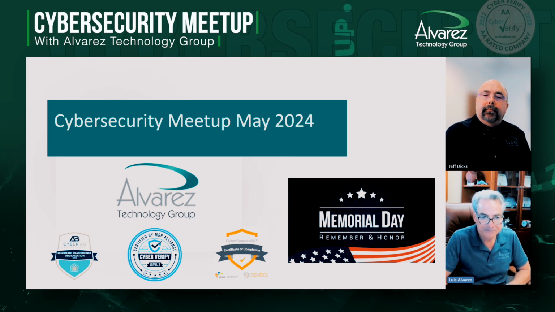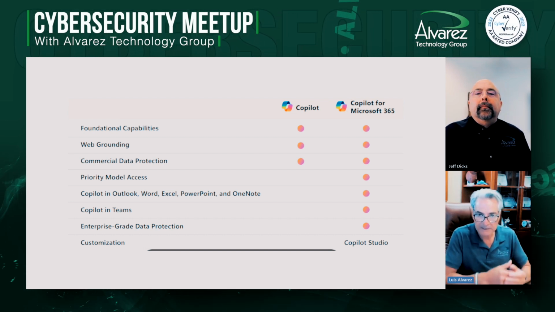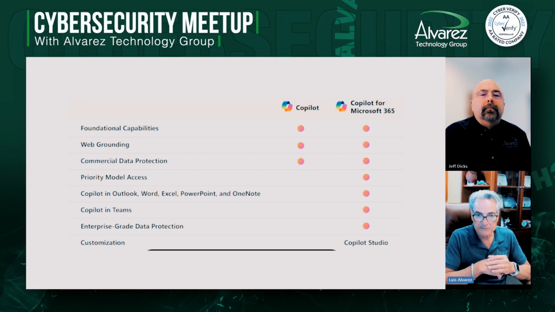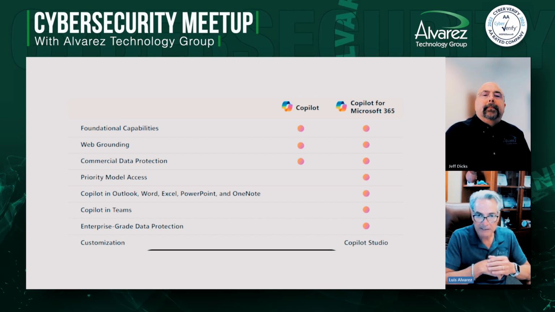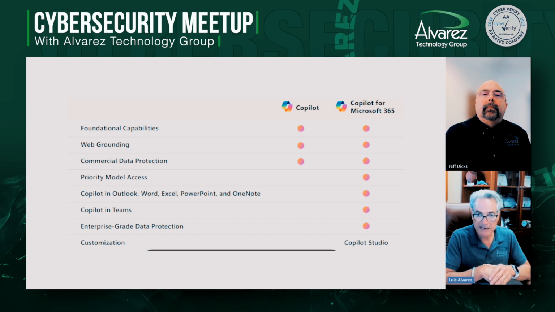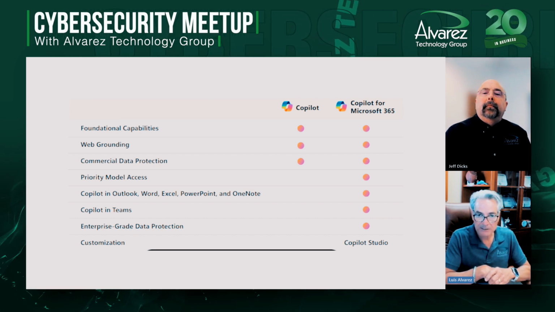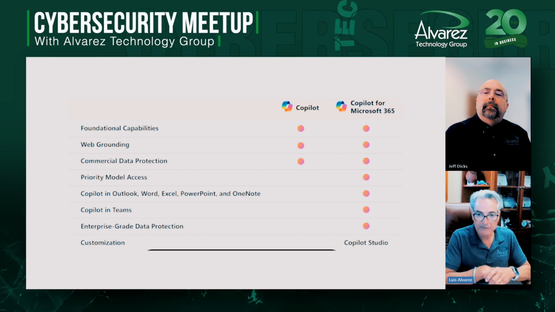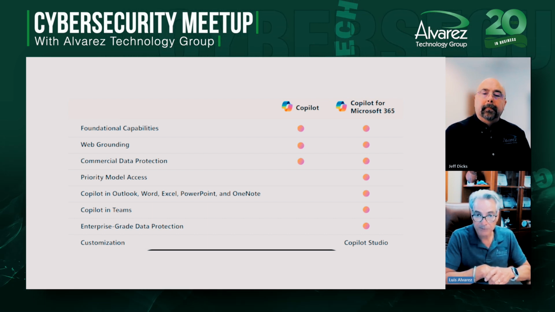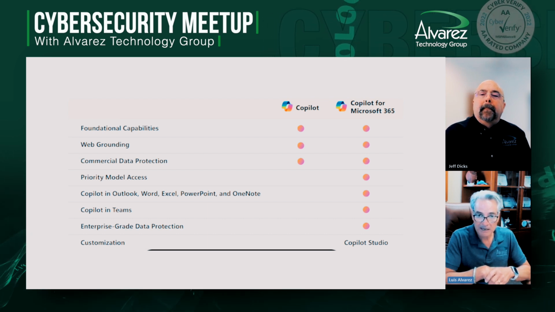So with that, I'd like to talk a little bit about the two flavors of Copilot that we hear a lot about. Microsoft Copilot is built on OpenAI's ChatGPT generative AI engine. Originally Microsoft made Copilot available, and it's still available for free to the public. This is the version most people think about, the ChatGPT version of Copilot, available at bing.com.